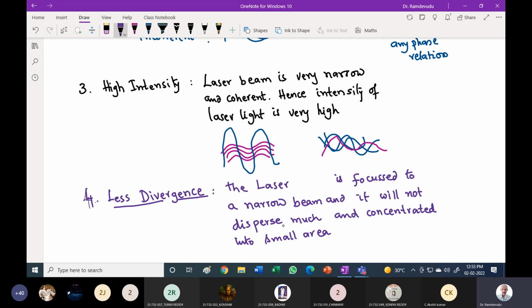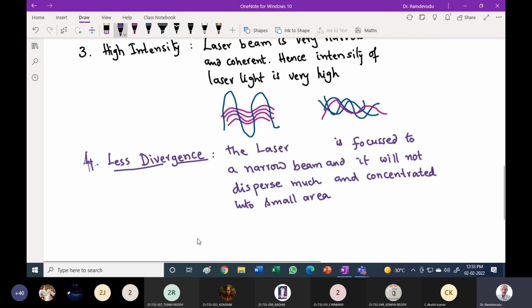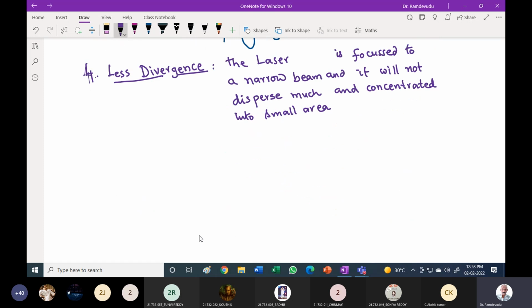What do we mean by this fourth point? If I say the laser beam is focused, it means that if I take any ordinary bulb, a filament bulb, the light coming from this filament bulb, one ray goes like this, another ray goes like this, and another goes like this. The spread is large.